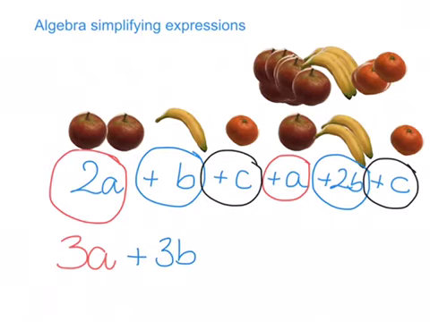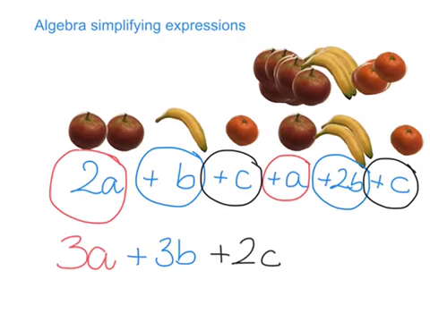And my clementines, I've got 1 clementine there and 1 clementine there, so I can write that as 2C. So my simplified expression, all of that shopping, well, it's the cost of 3 apples plus the cost of 3 bananas plus the cost of 2 clementines. So it's written as 3A plus 3B plus 2C.